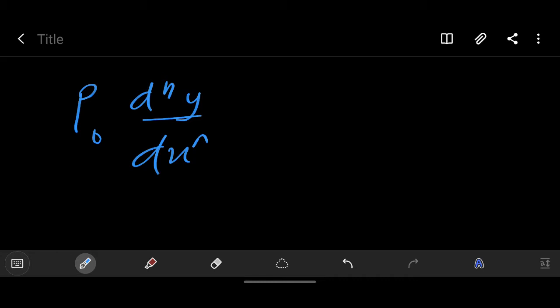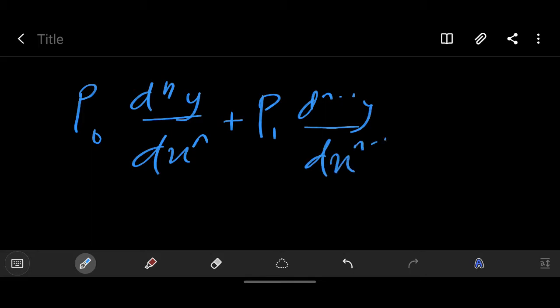Suppose we have p naught dny by dxn, so this is the nth order, plus p1 dn minus 1y by dx n minus 1, plus, and so on, up to pn y equals q. Here p naught and so on are the coefficients, constants or functions of x.